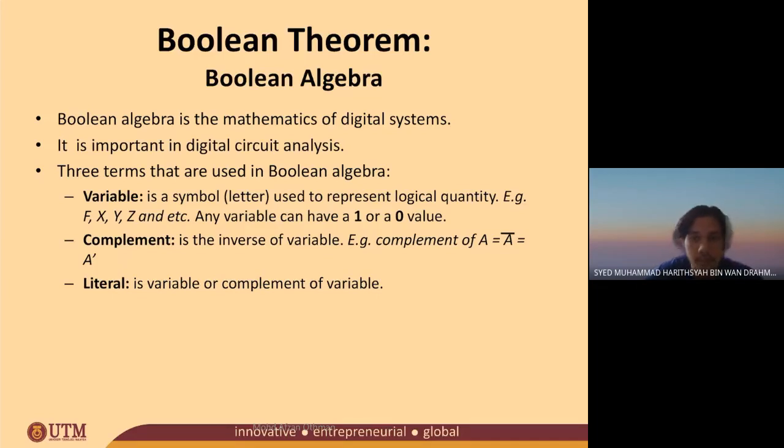So we have used it in the equation: A, B, C, until Z, small a, big A, for example. And you have also seen the complement, how we write the complement, the inverse of a variable. And literal is basically both variable and complement. So basically the easiest terms are in an equation.